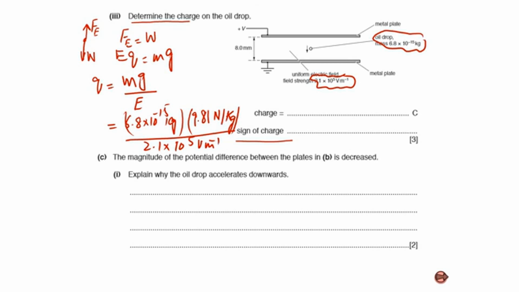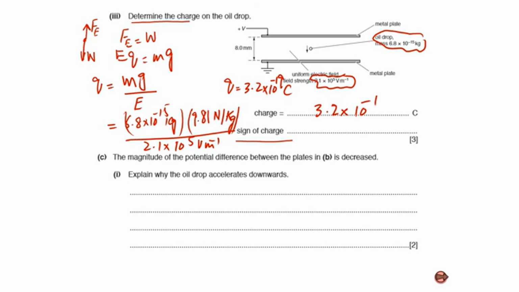If we solve this, we will get that Q is equal to 3.2 times 10 to the minus 19 coulombs. So we can write the amount of charge, that is 3.2 times 10 to the minus 19.